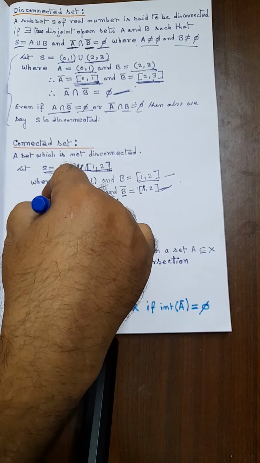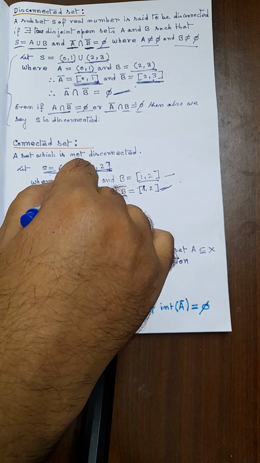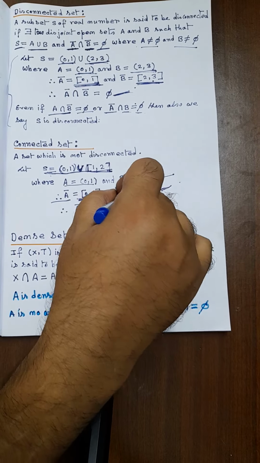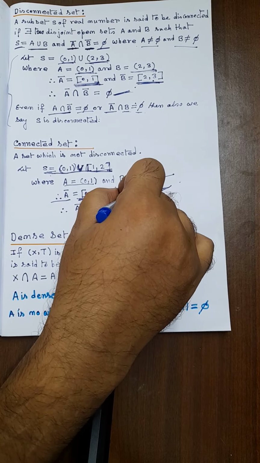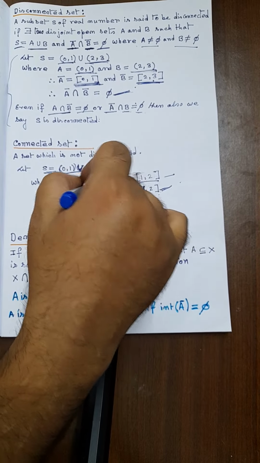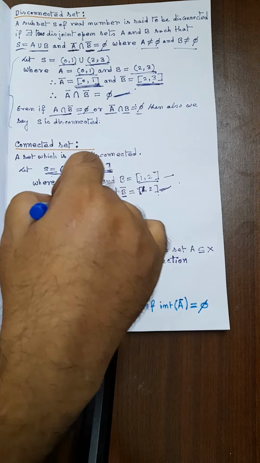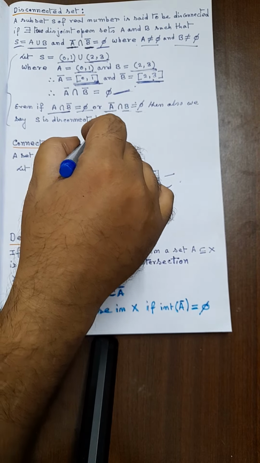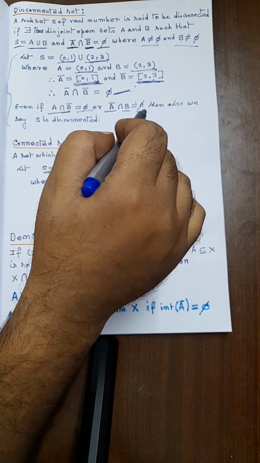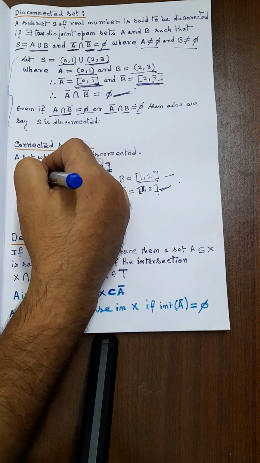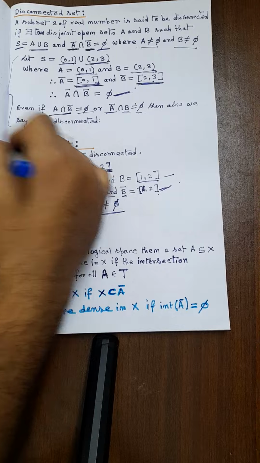Now if we do an intersection of the closure of A and B, you can see [0,1] and [1,2], so at least the point 1 will be common. That is why it will not return phi. So we can say this set, which we are considering as S, is a connected set, right?